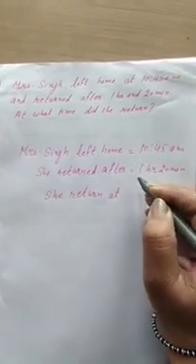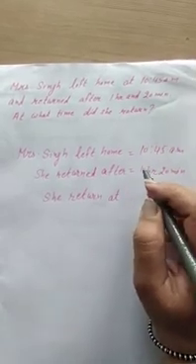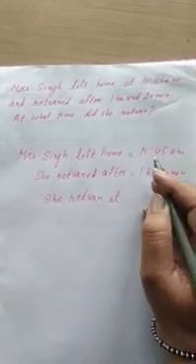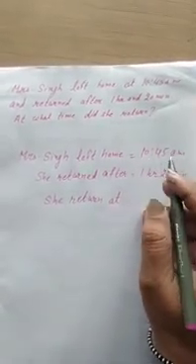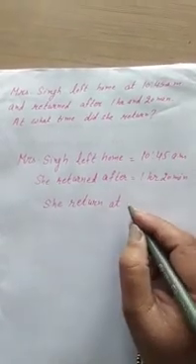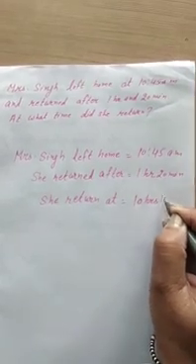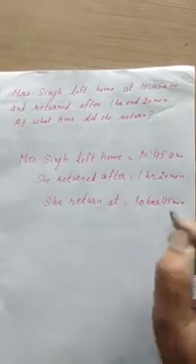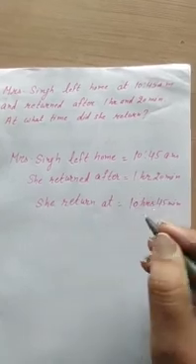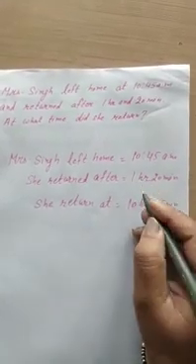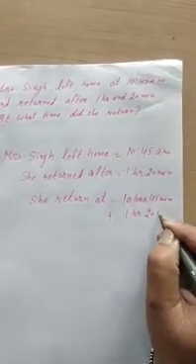Now whenever 'after' time comes, we add the time, and whenever 'before' time comes, we subtract it. So here we will add that time. First of all, 10:45 a.m. we will write in hours, and that will be 10 hours 45 minutes. From this, we will find the next time. So to find the next time, we will add 1 hour 20 minutes to that.